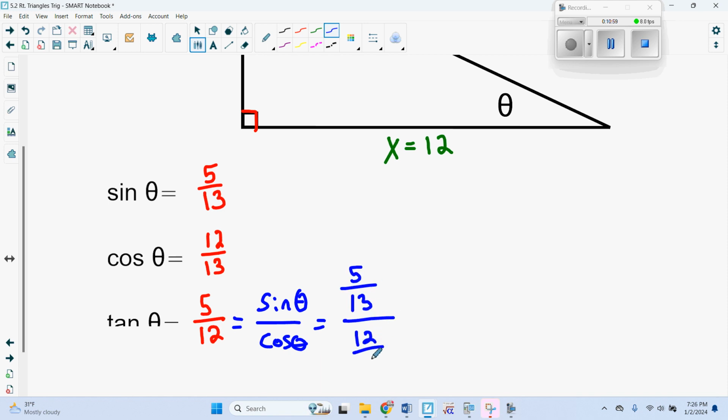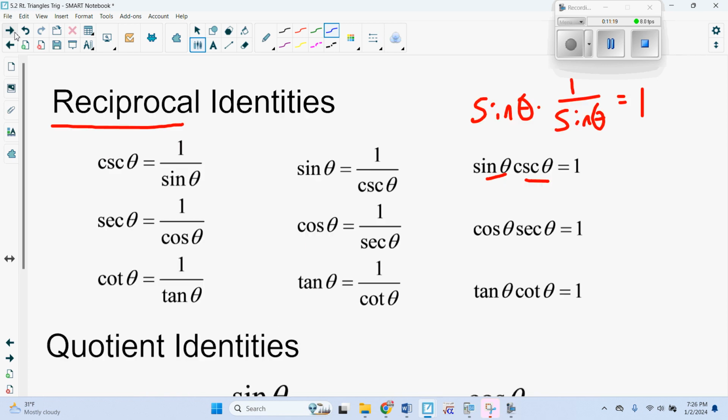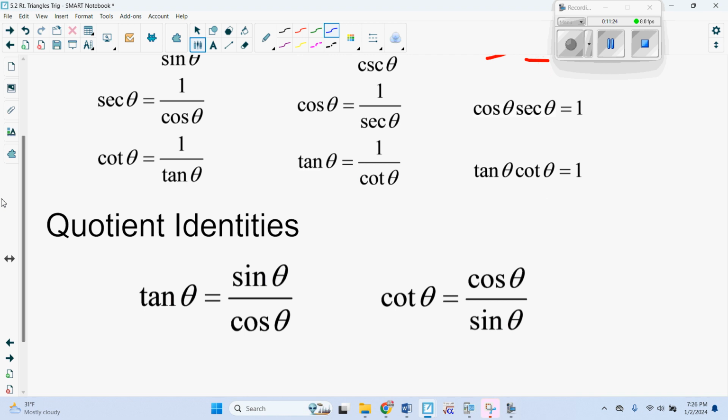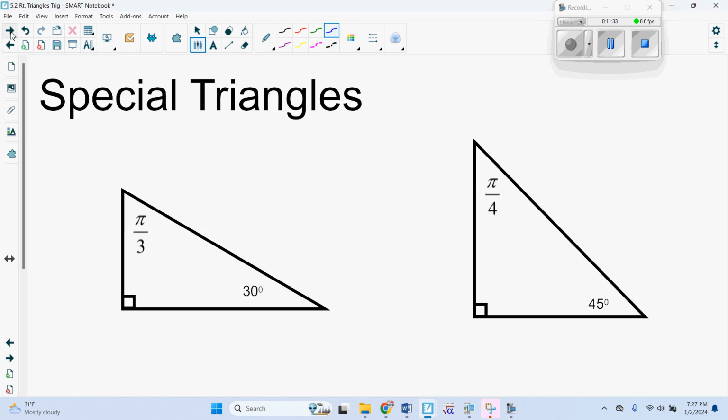Cosine is 12 over 13. When we divide fractions, we flip and multiply. That would cancel and give us 5 over 12. So you can see these quotient identities are another way we can write tangent as just sine over cosine. That sometimes helps us out and makes calculations a little easier.